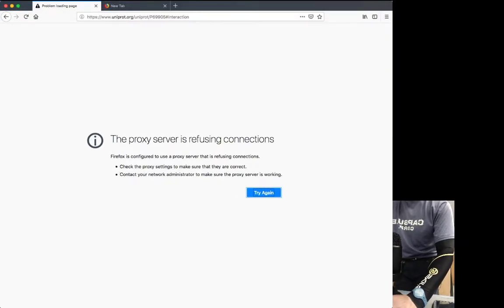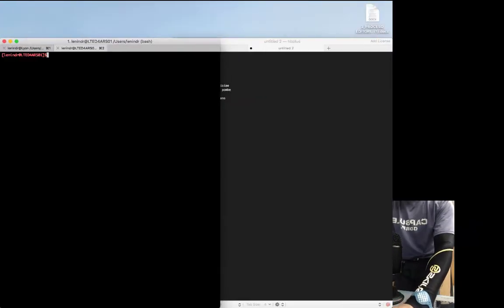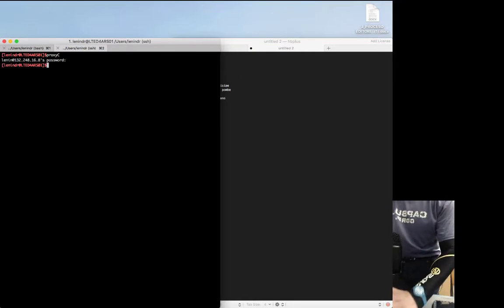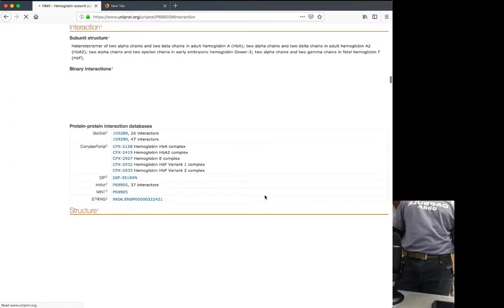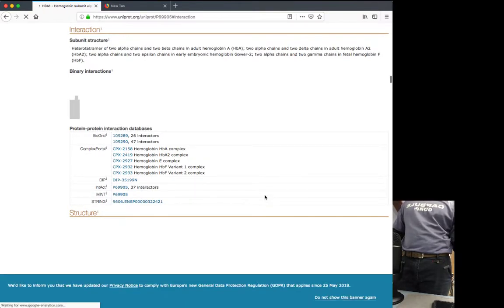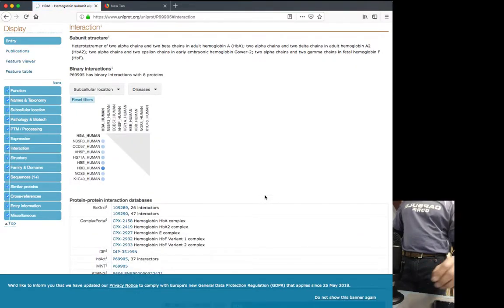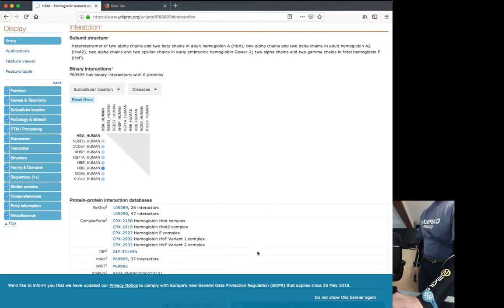Oh, my setup is working against me. Pay no attention to that part, it's just my own preference for encrypting some of my connections to the internet. Here we go. So this is what I really wanted to show you.